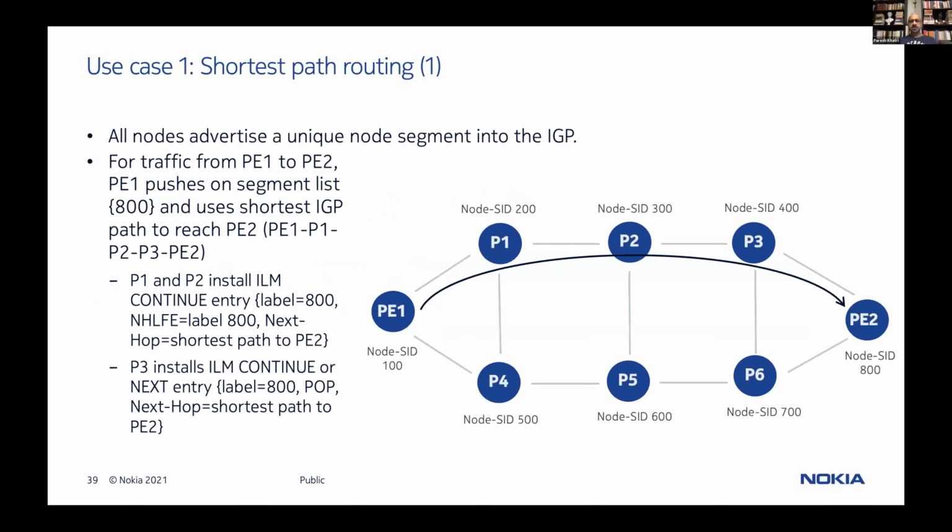A number of different use cases, as I mentioned. Now, the most basic use case is just shortest path forwarding, and this is one that doesn't require anything really complex. As I said, if you take this example, if all of these nodes are enabled for segment routing, they all advertise their SIDs into the IGP.